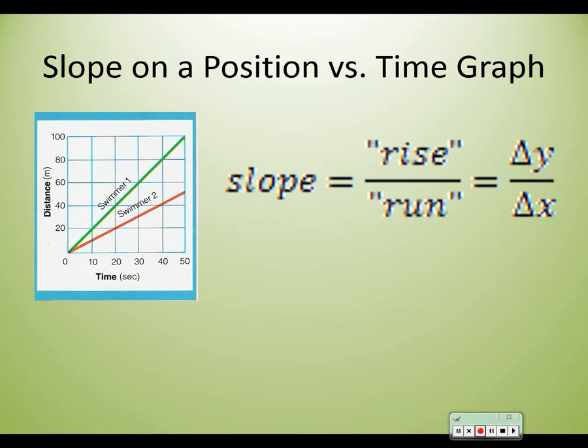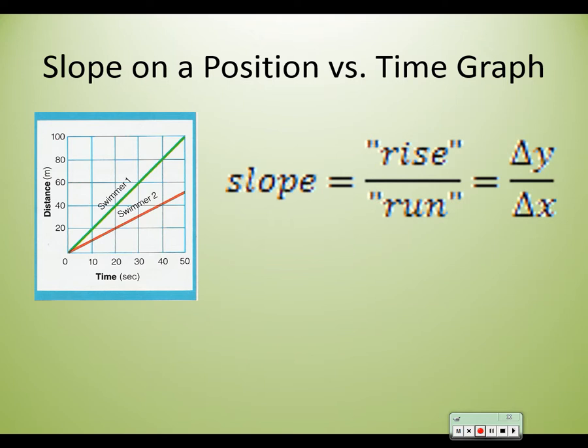Now, in math class, rise over run are just two numbers on the y-axis and on the x-axis. But on this graph specifically, the y-axis means something. What is the y-axis telling us on this graph? Distance. And we learned that the change in the distance, or position, we call the displacement.